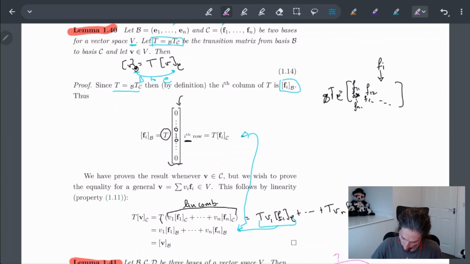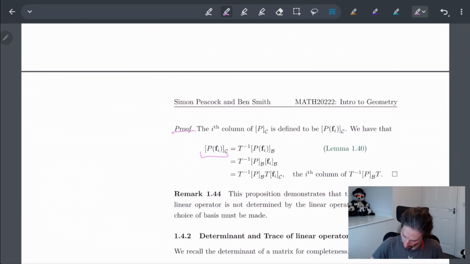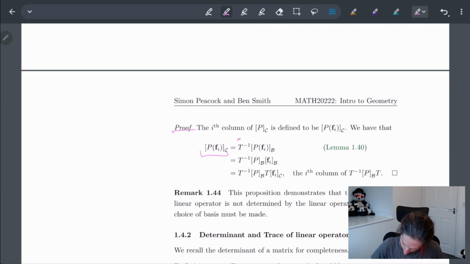So where's lemma 1.4? Here we have T, but we have C on the left and B on the right. So what we have here really is this is CTB, which is going to be the inverse of T, which is BTC, right? That's where this inverse denomination is coming from lemma 1.4.